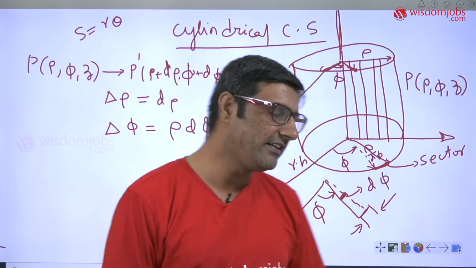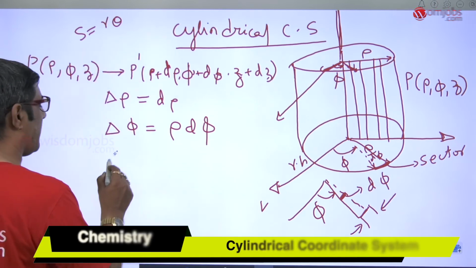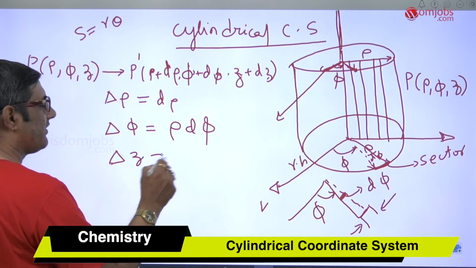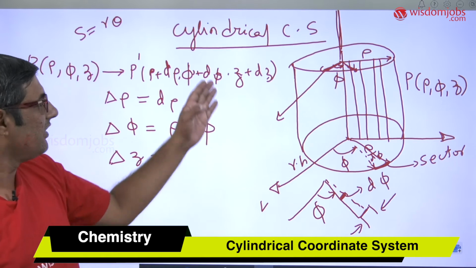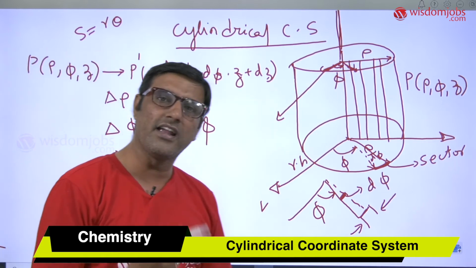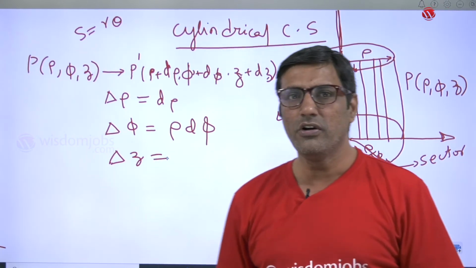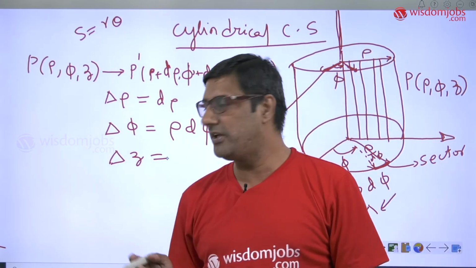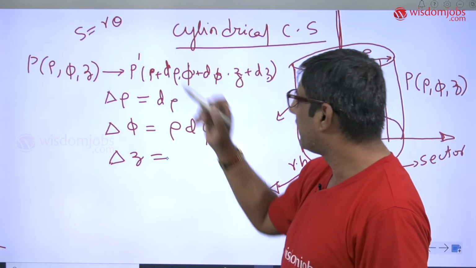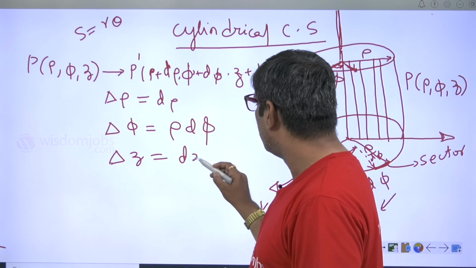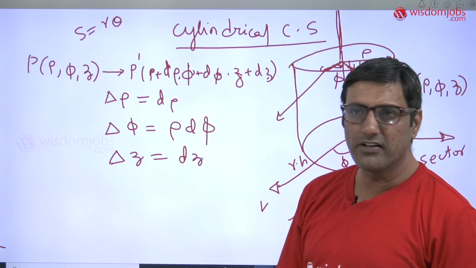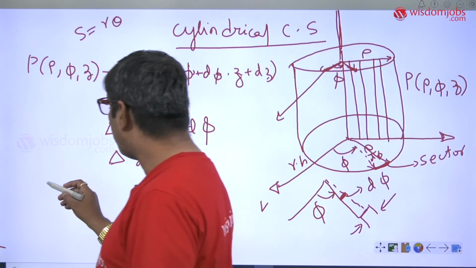Next, lastly, how to evaluate delta z? Now z is also a distance, z plus dz is also a distance. So directly I can apply the distance formula there. z2 minus z1 would become simply z plus dz minus z. So it will give you dz. Once you have got these increments, it is easy to evaluate dl.